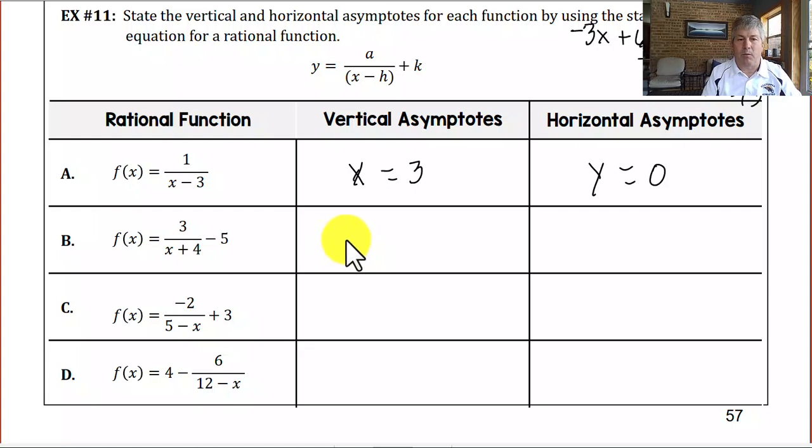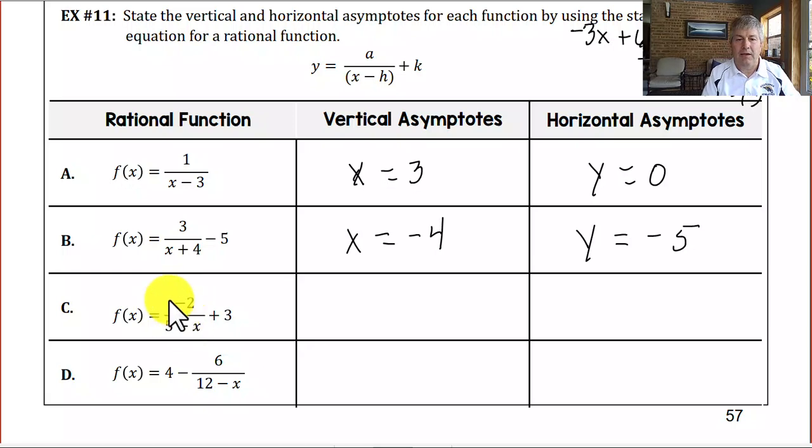In sample B here, we have a vertical asymptote at x equals -4. We're shifting 4 units to the left. Our fraction as x gets really big is going to get close to 0, minus 5, so our horizontal asymptote is going to be y equals -5.